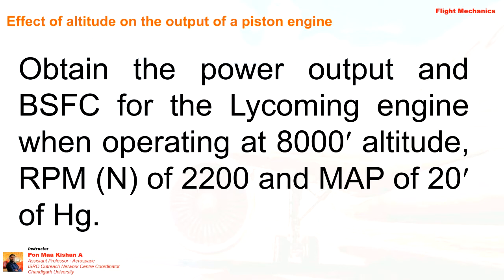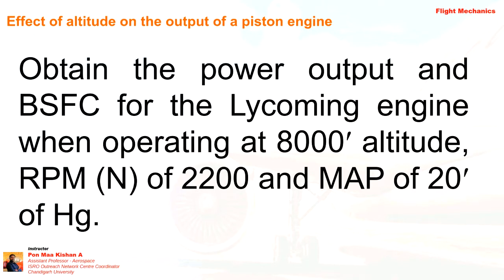I am reading that question again. Obtain the power output and brake specific fuel consumption for the Lycoming engine when operating at 8,000 feet altitude, RPM of 2,200 and manifold air pressure of 20 inches of mercury.